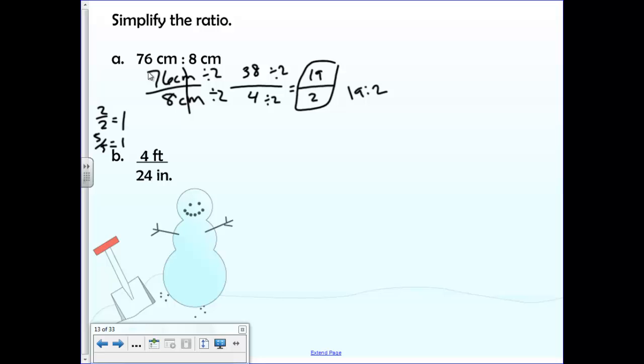Okay, 1 foot is 12 inches. Write these on your paper so you have them. Write these on your note sheet. 1 foot is 12 inches.